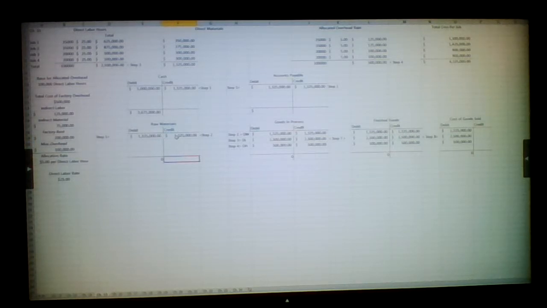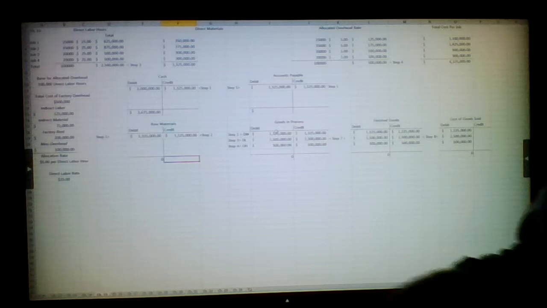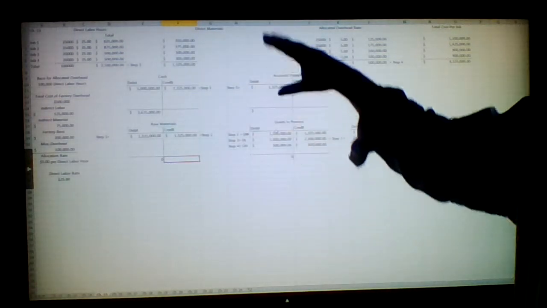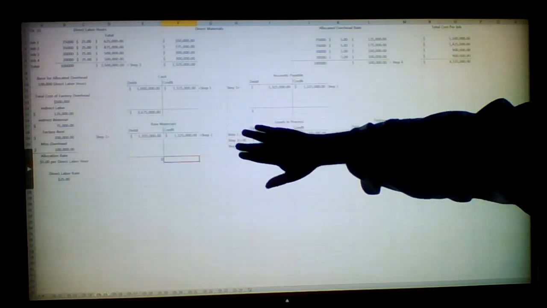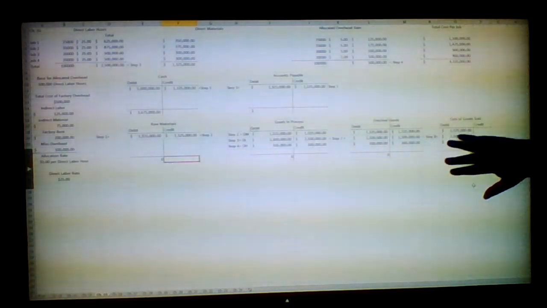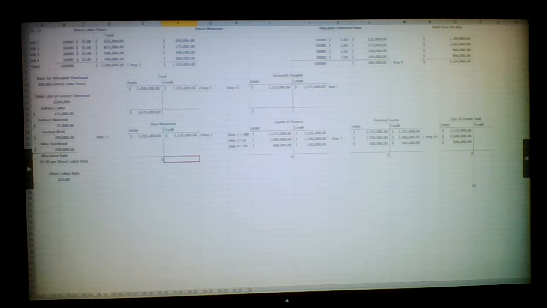So then the next step is going to be taking that material from raw materials, which we're going to do with a credit entry, and we're going to move it over here to goods in process. Because if you remember, we talked about all of the costs that go into a job are brought in here and accumulated here and then flow from here to finished goods and finally to cost of goods sold.